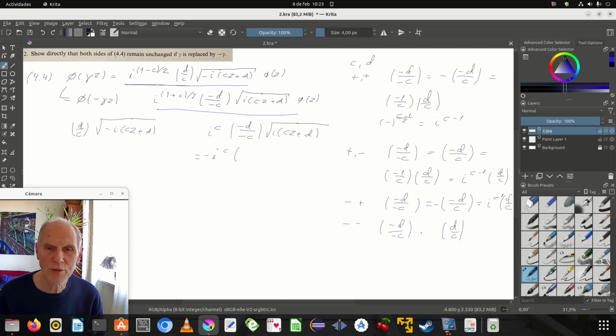So there is a change of sign. These are both negative, so there's a change of sign.